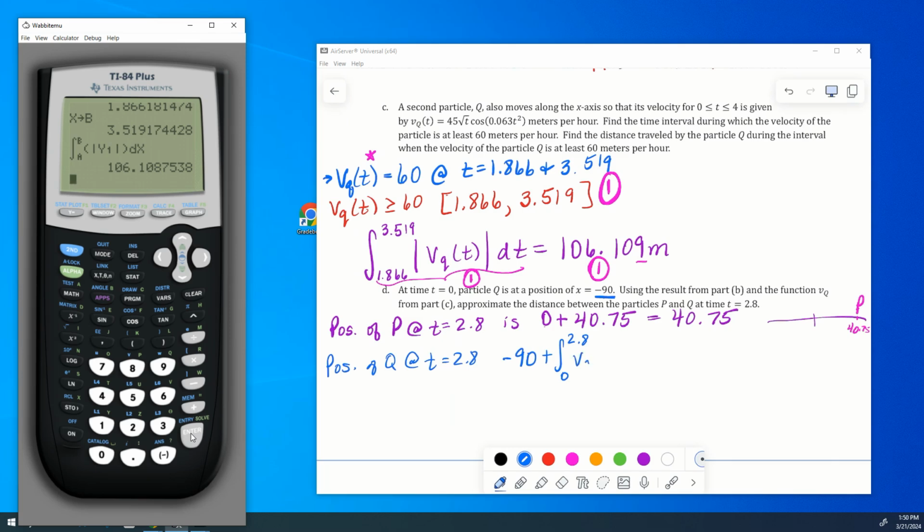That's not the same thing. So I'm going to have to do this and see where particle Q is. I'm just going to do it in one fell swoop because I like to do it that way: negative 90 plus the integral of v of Q from 0 to 2.8, in Y1, but without the absolute value.